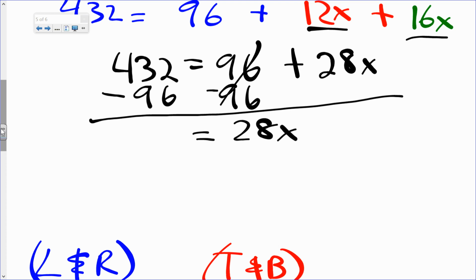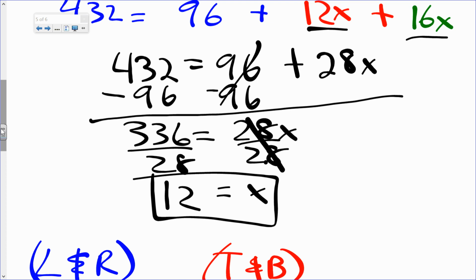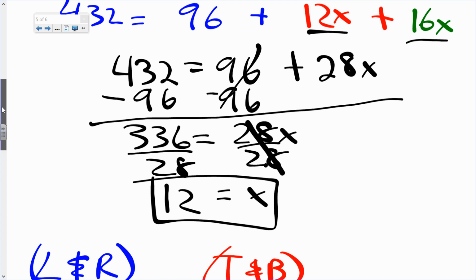One more time? Sounds good to me. Look at that. X is 12. What did we solve for?